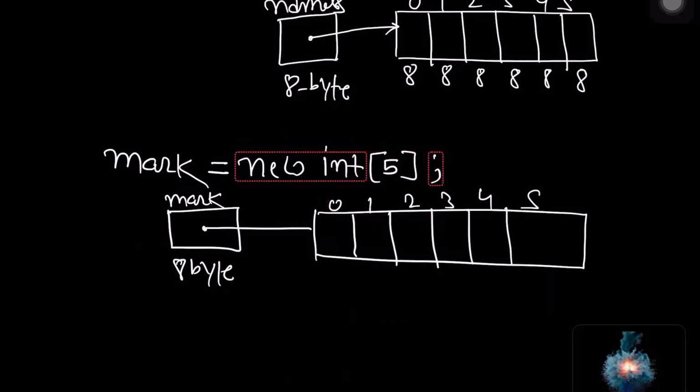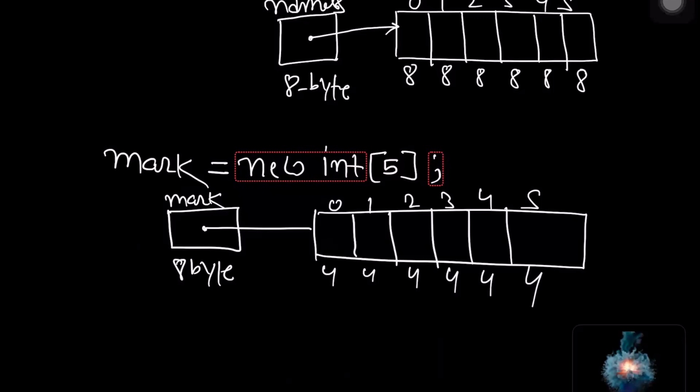What is the size of integer? int size is 4 byte, so each block will consume 4 byte of memory. And what is the default value?